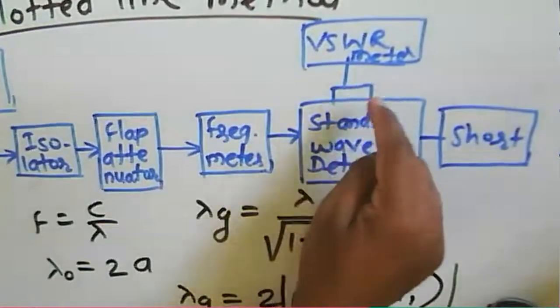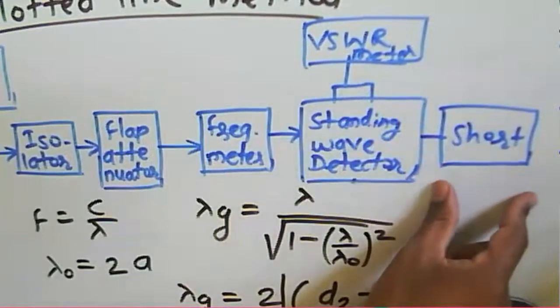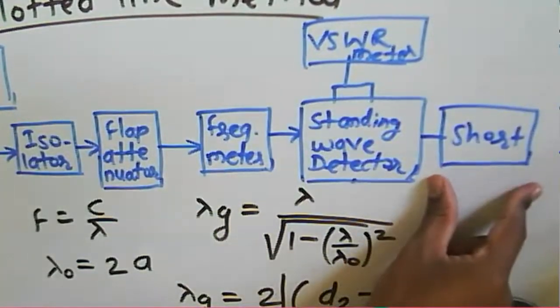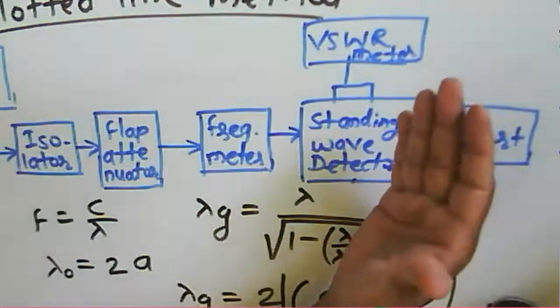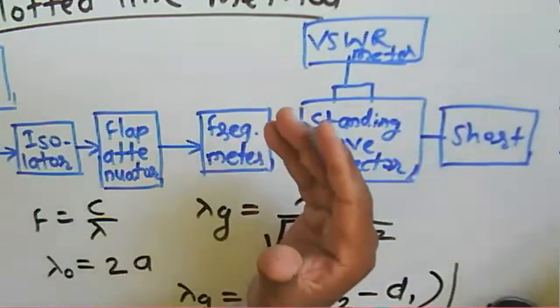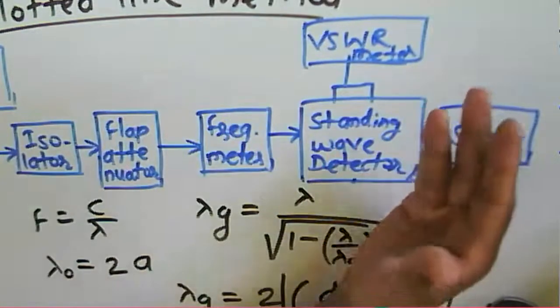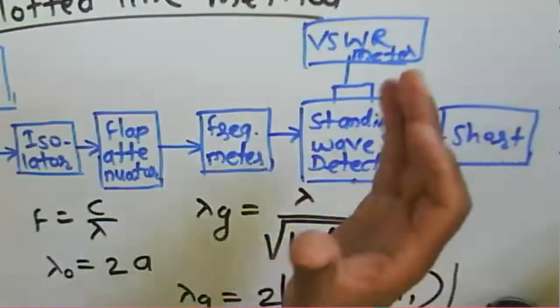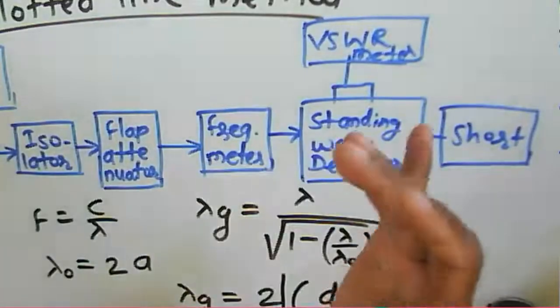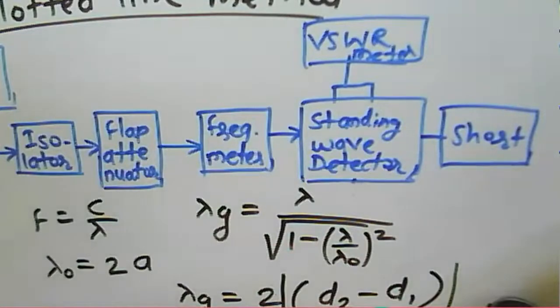With the short connected to the standing wave detector, we find two successive minima, and twice the distance between two successive minima is nothing but the guide wavelength. That is about the guide value.